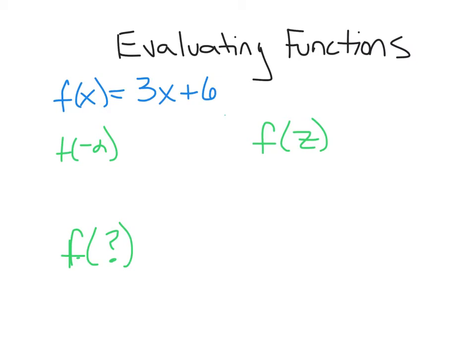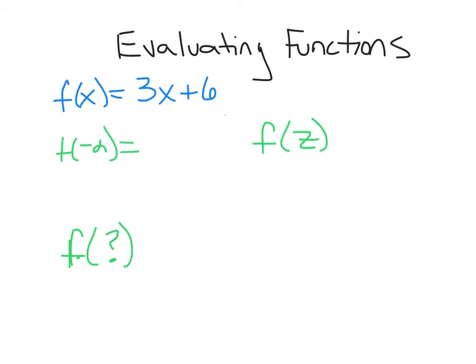this is just a placeholder. It's just wanting to be filled with something, and that something comes from whatever's inside the parentheses. So don't look at it as if it has to be an x. It can be anything. For this first evaluation, it's going to be -2, just like the other one we did.